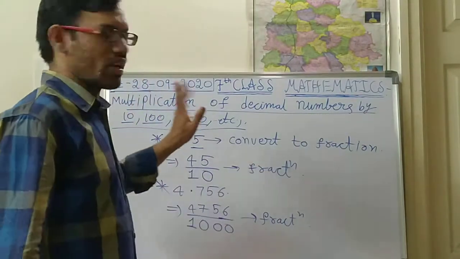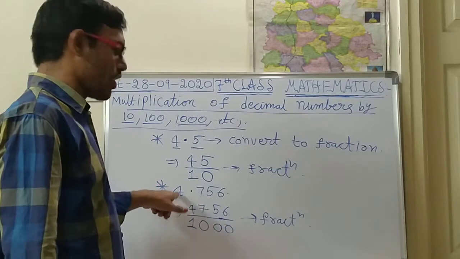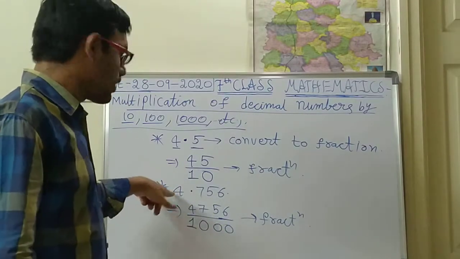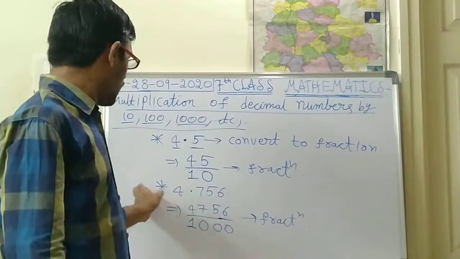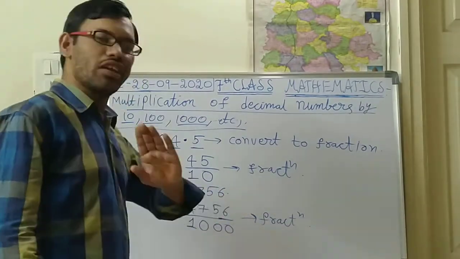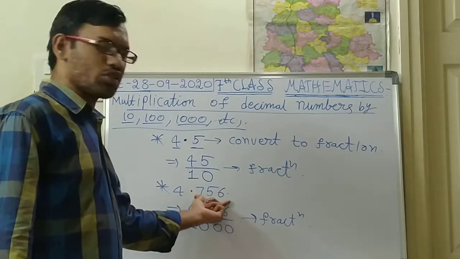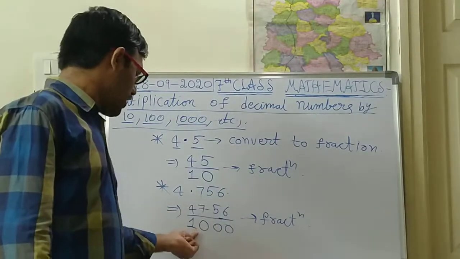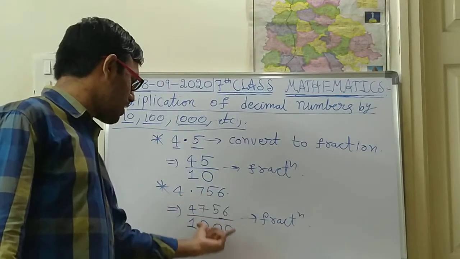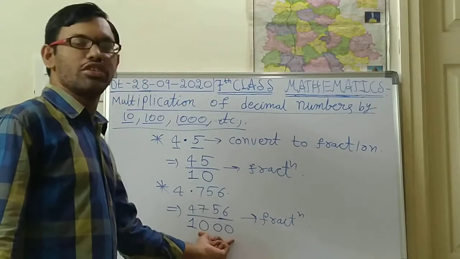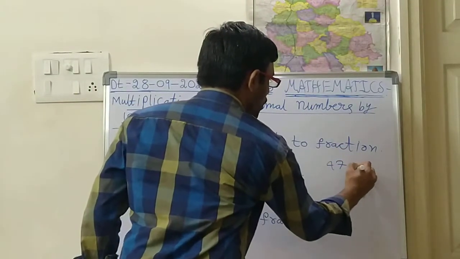Same like this only, children. Suppose before the decimal point there is more than one digit, that time also it is the same. Write the total number in the numerator as it is, and in the denominator first write 1, and after that as many zeros as there are digits after the decimal point. For example, 47.256.